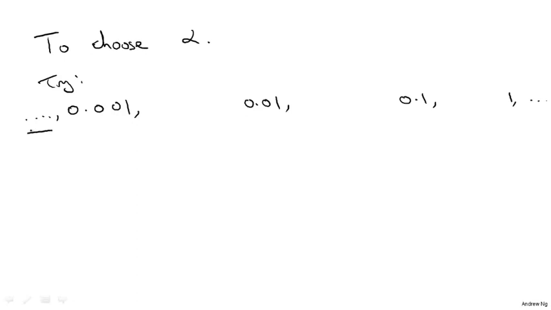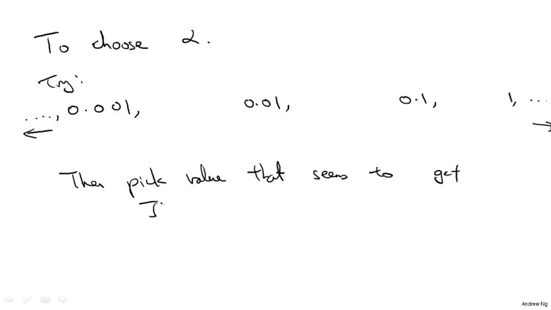This would be searching values of alpha at multiples of 10. Try a bunch of different values, then pick the value that seems to get J of theta to decrease the fastest.